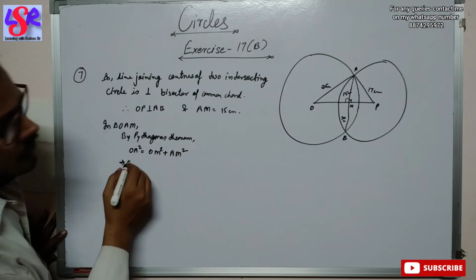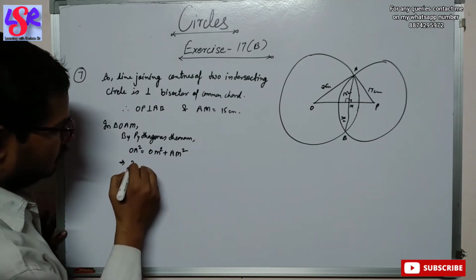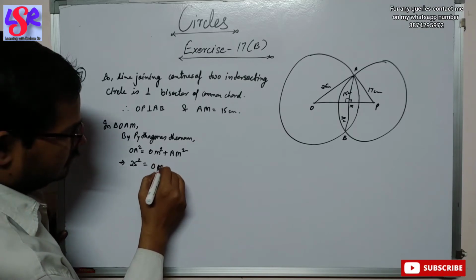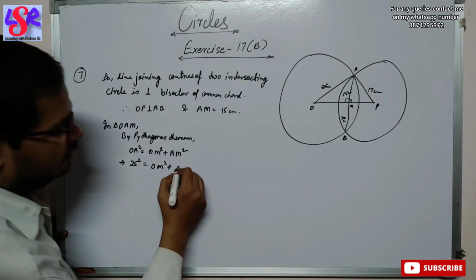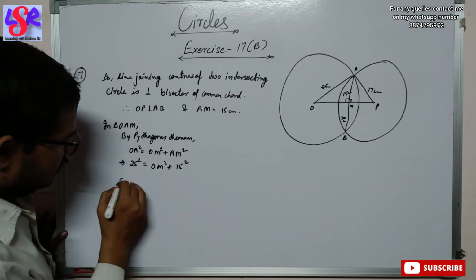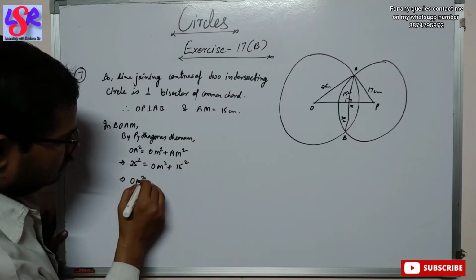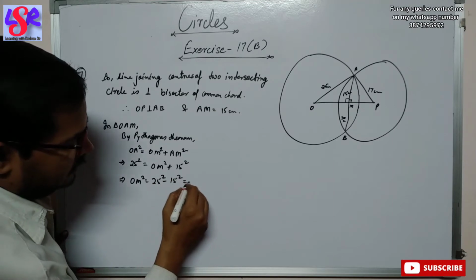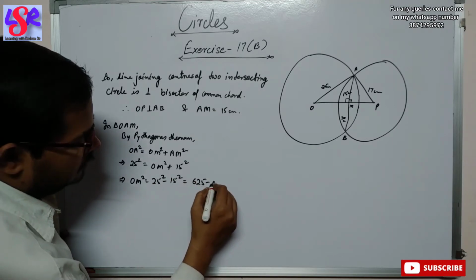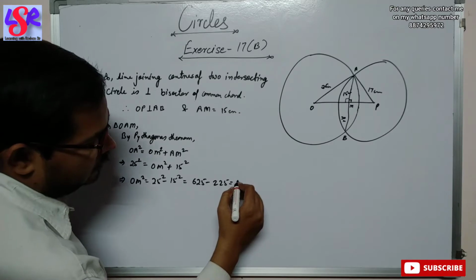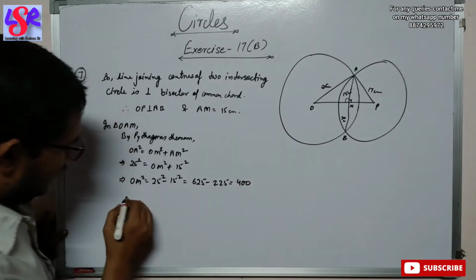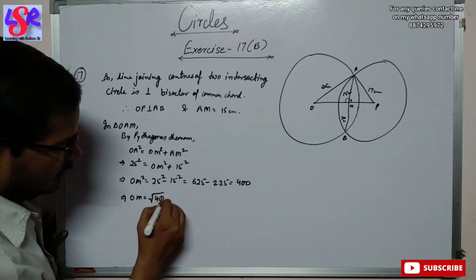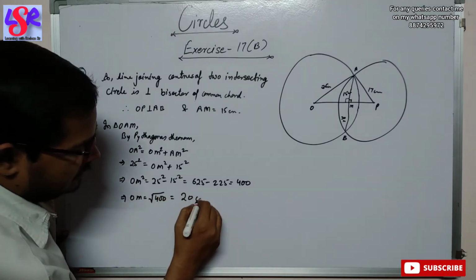Now we have the value of OA, that is 25 square, equals OM, which we have to calculate, plus AM, which is 15 square. Now this will be written as OM square equals 25 square minus 15 square, and this is 625 minus 225, and this will be 400, and OM will be equal to the square root of 400, and that equals 20 centimeter.